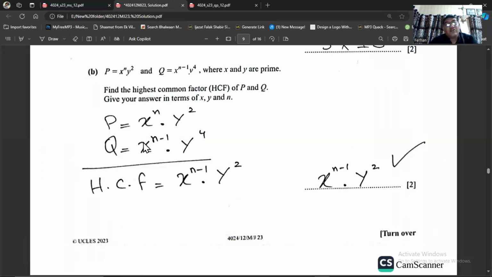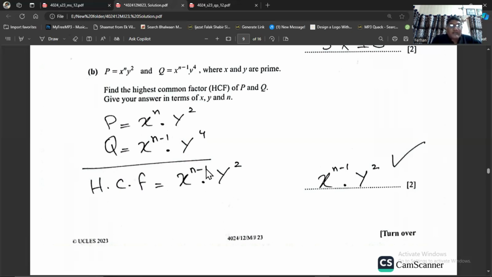When we take the common, that means the smaller power will be taken. So x raised to power n is the bigger power, and x raised to power n minus 1 is the smaller power. That's a rule: if they have powers, we take the smaller power.